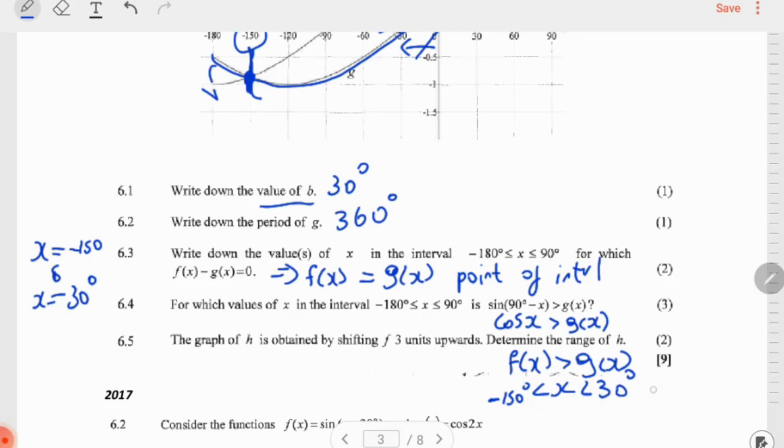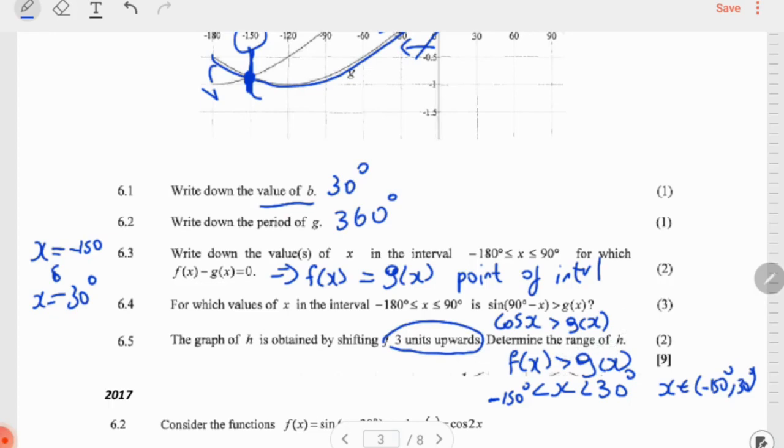If you don't want to use this, you can just say x is an element of minus 150 to 30. Just depends whether you want to use the bracket or this interval. All right, and then the last question for that one, the graph of h is obtained by shifting f 3 units upwards. Determine the range of h.